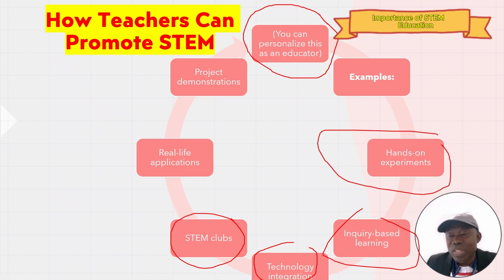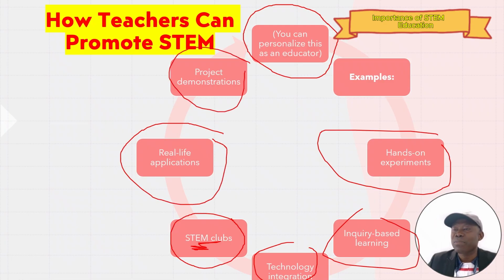They try to do projects and bring them to school to incite, to encourage, to motivate, to add to their morale, to boost their learning potential in class, to get more grades. This is how important STEM clubs are in schools. So real-life application, explaining real-life application, and project demonstration. These are some of the ways teachers can promote STEM education in school.